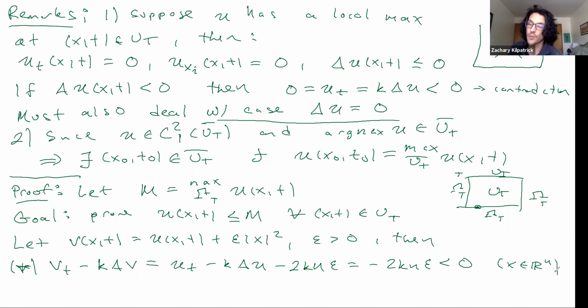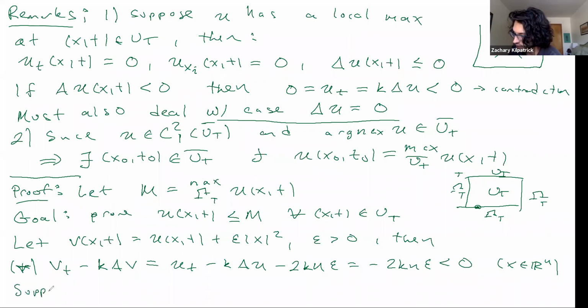So now we're going to prove a maximum principle on v, and we're going to transfer that maximum principle to u in the limit as epsilon goes to 0, okay? So it goes like this.